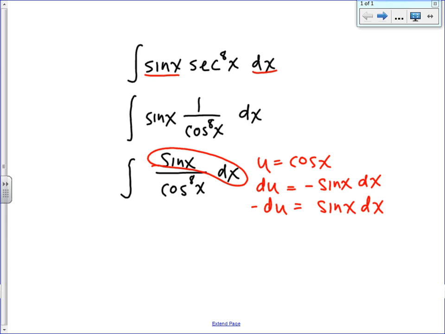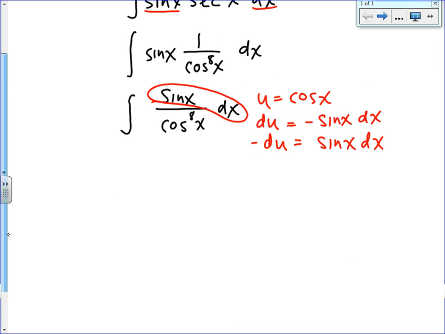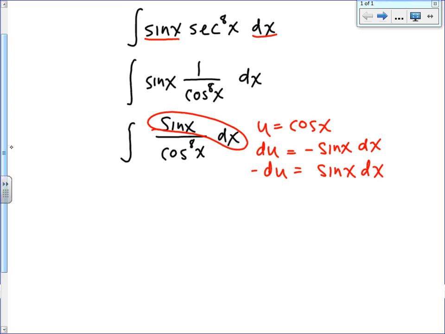Okay, so what we want to do now is make our substitutions. And so we make our substitutions. We'll have the sine of x dx, which is minus du. So I'm going to put the minus out in front and the du back here.